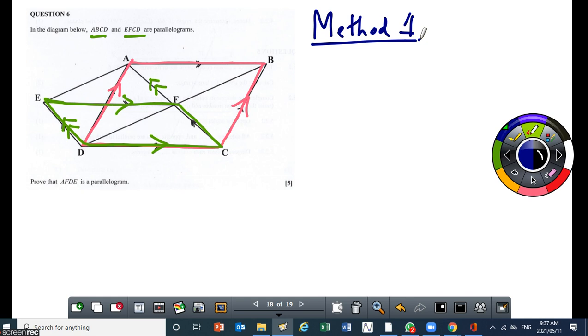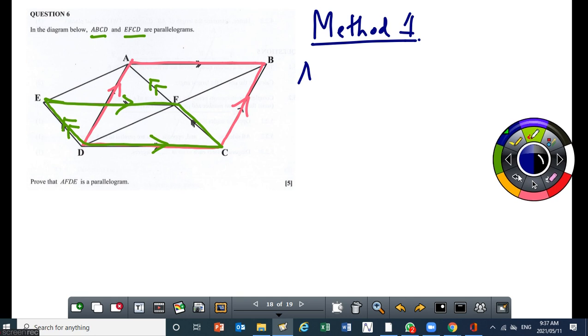Okay? So with my method 1, I hope you can agree with me that if I say CF is parallel to ED, make sure you pay attention carefully as I go over this question. Okay? And this is given.